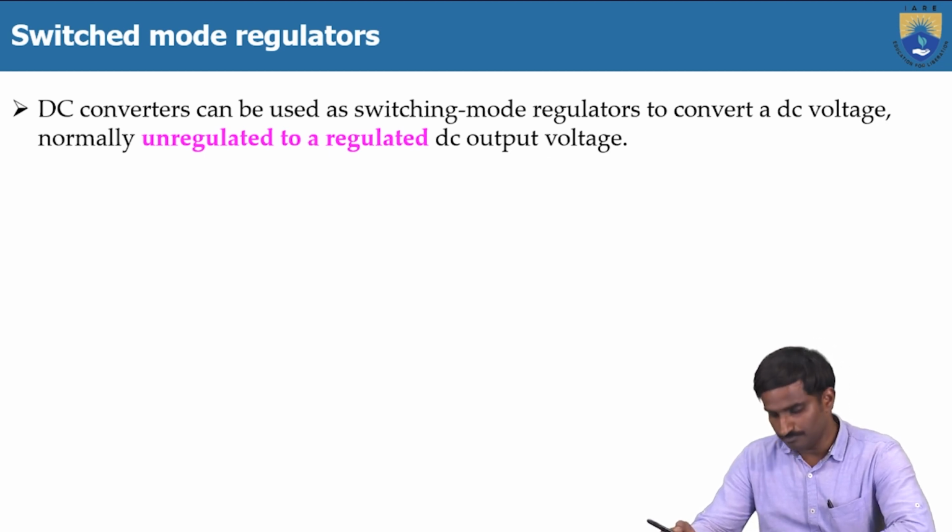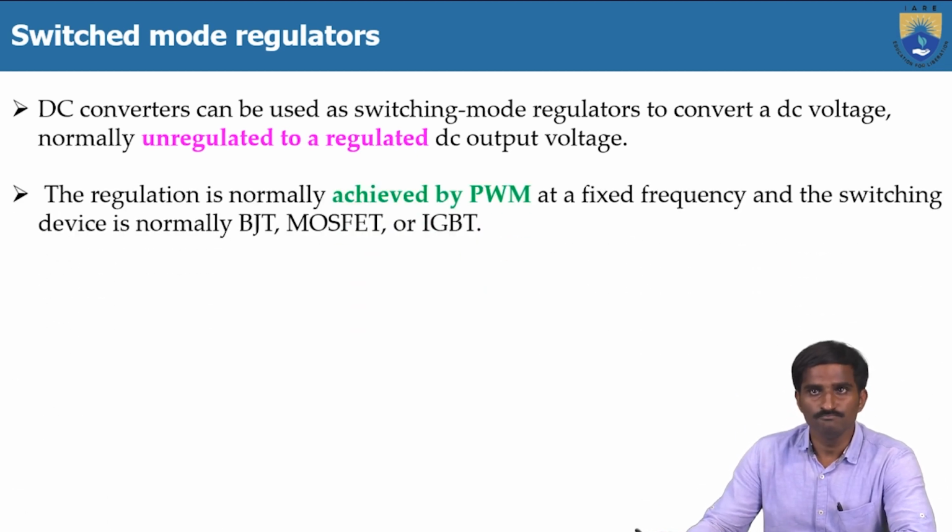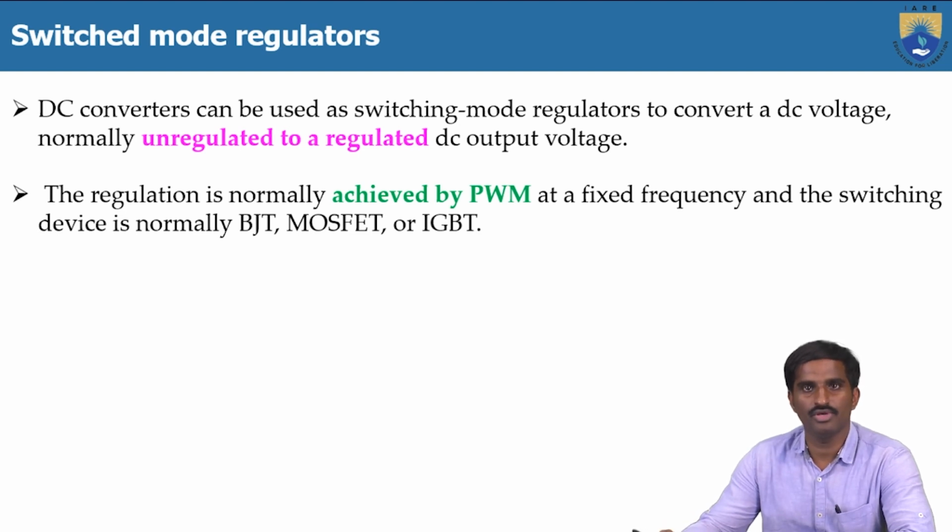How do we achieve this regulated DC voltage then?